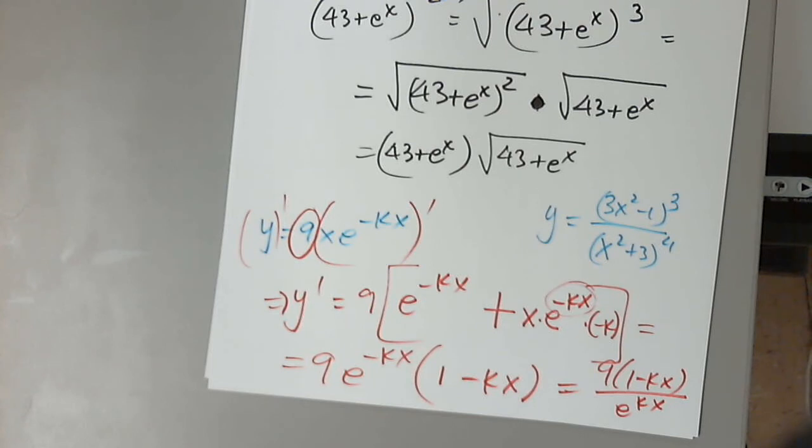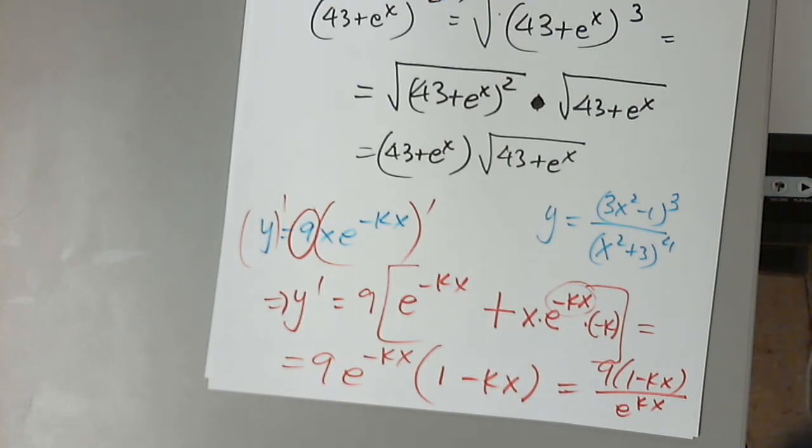Once you bring it to the denominator, you'll never say e to kx must be 0, because you can't, first of all, and you shouldn't, because it's in the denominator, but e to kx will never be 0. So when you set that equal to 0, you will say, oh, x is 1 over k.